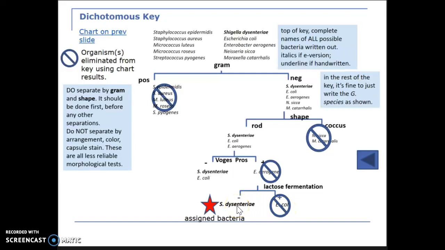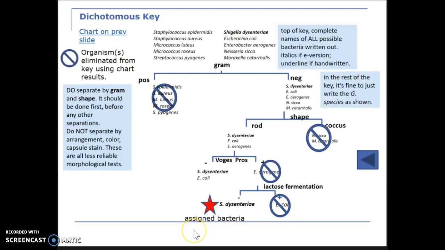Having your organism against 2 others is not as ideal. Against 3 others is even less, because it's difficult to find an additional test where your organism has one result and 3 others on the other side have a different result. So it's best to end up with this type of situation.